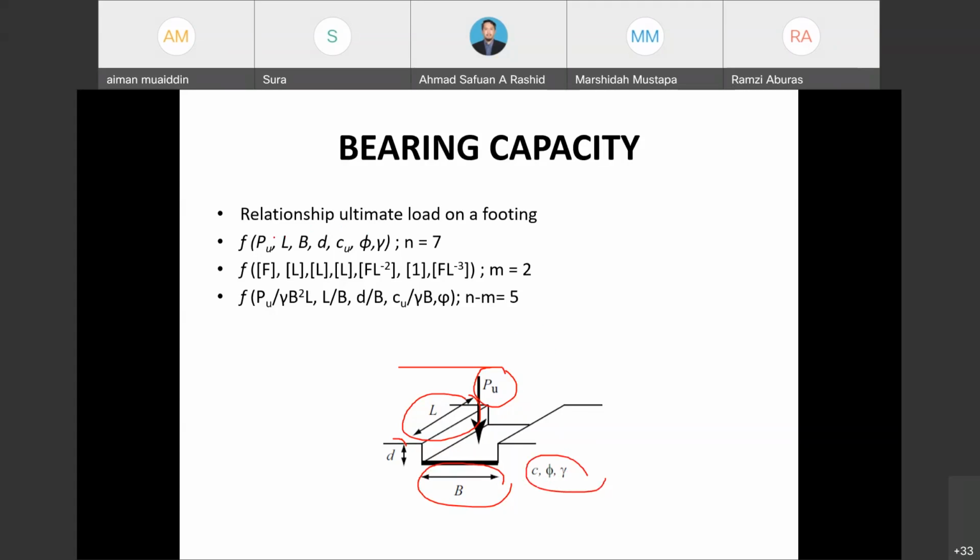Okay, so in that case, it has 7 values of N.